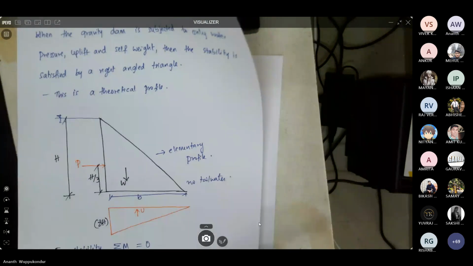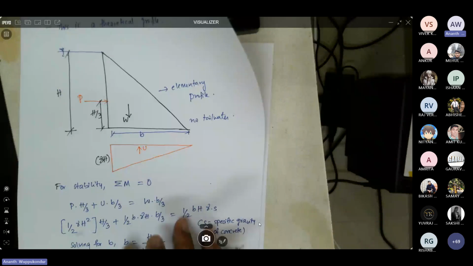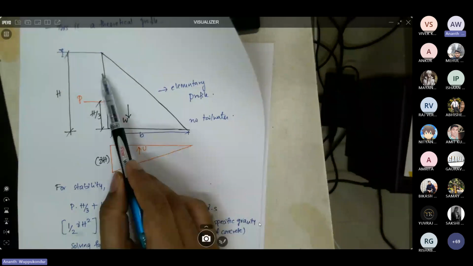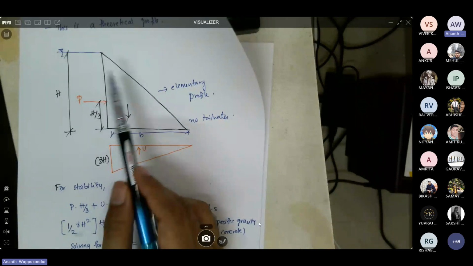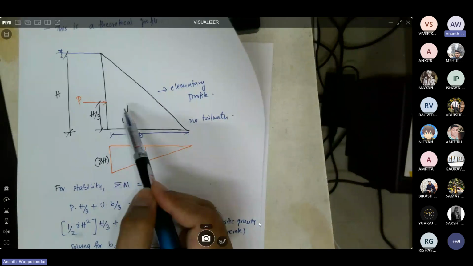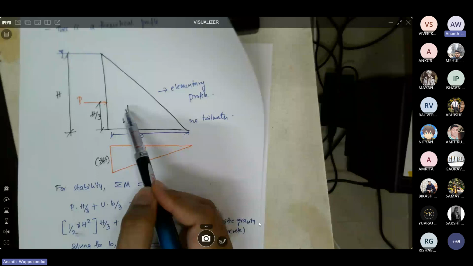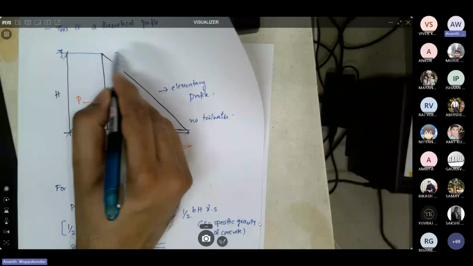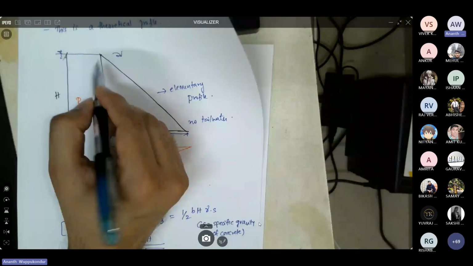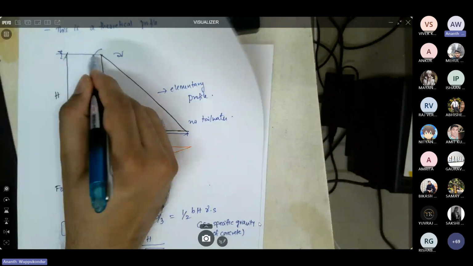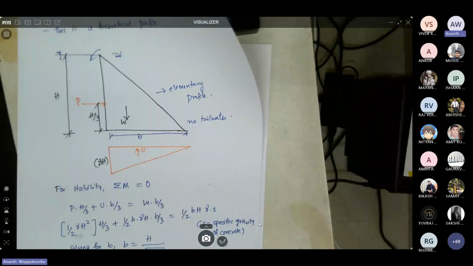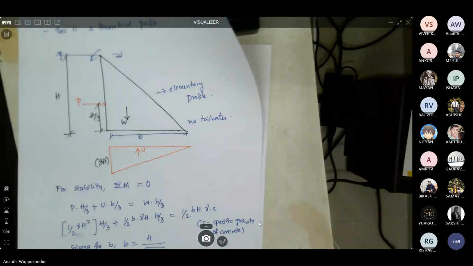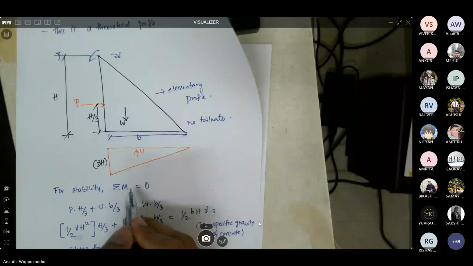Now, if you consider the stability of the dam, the resultant moment should be zero. Because of the three forces, you calculate the moments due to each individual force, and the moments acting in the clockwise direction should be balanced by the moments acting in the anti-clockwise direction. So for stability, the sum of the moments should be zero.